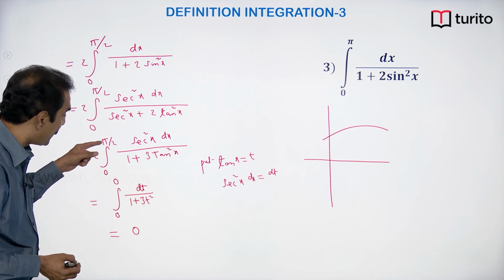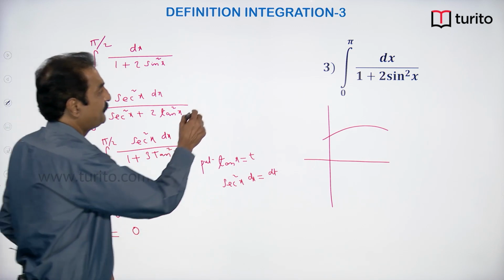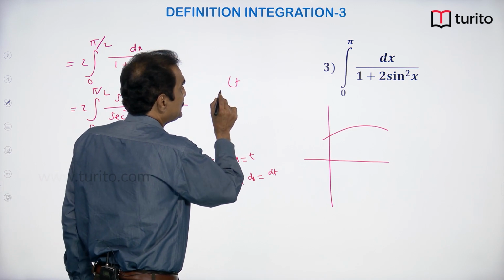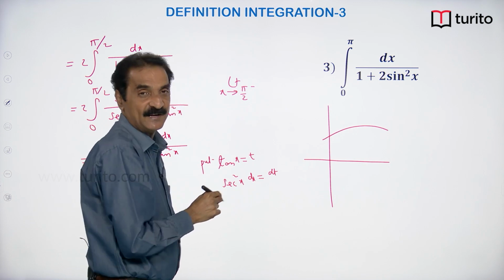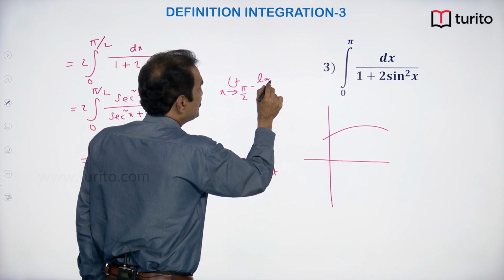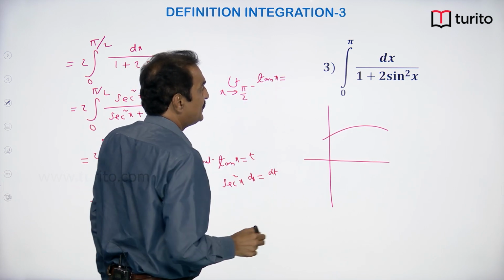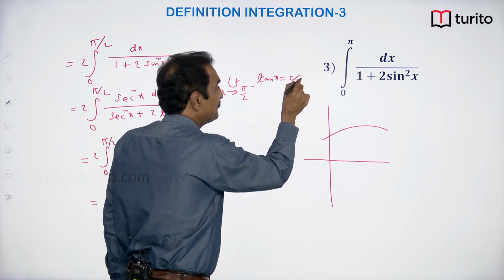If x tends to pi by 2 from the left side, the limit of tan x as x tends to pi by 2 from the left is what? Infinity.